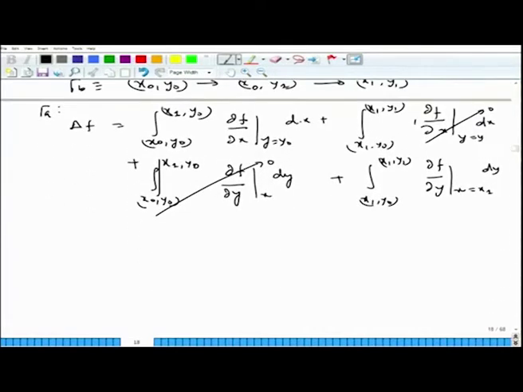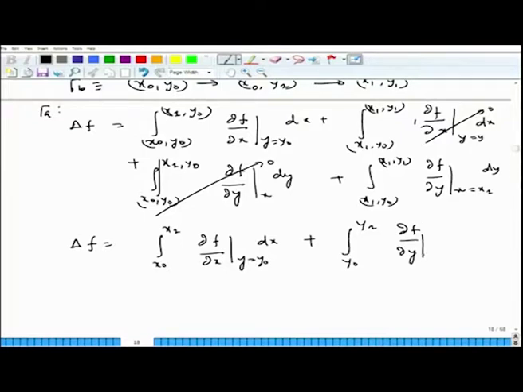So when you simplify this expression, delta f turns out to be the integral from x0 to x1 of del f by del x, y equal to y0, dx, plus, since x1 is constant, the integral from y0 to y1 of del f by del y, x equal to x1, dy. Okay, so this is one expression.